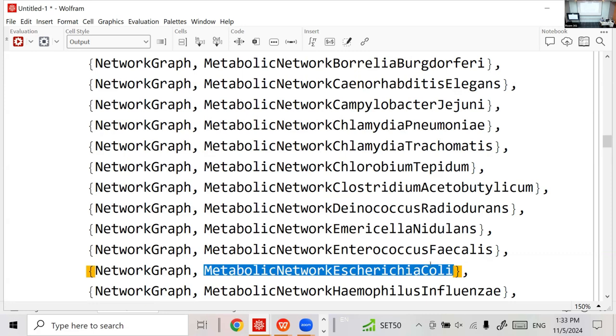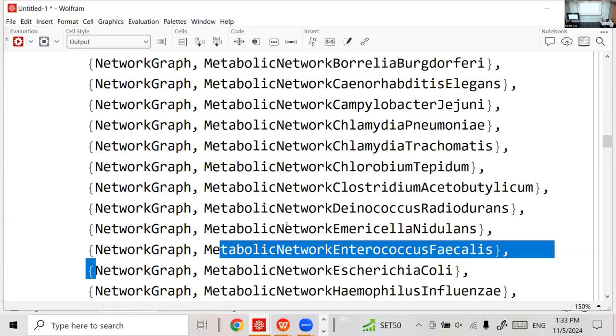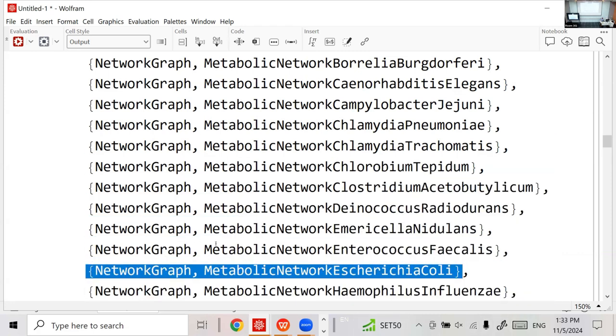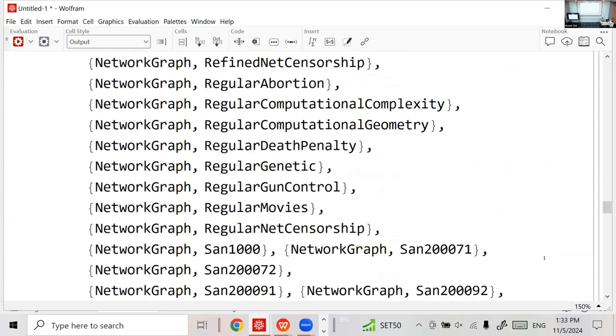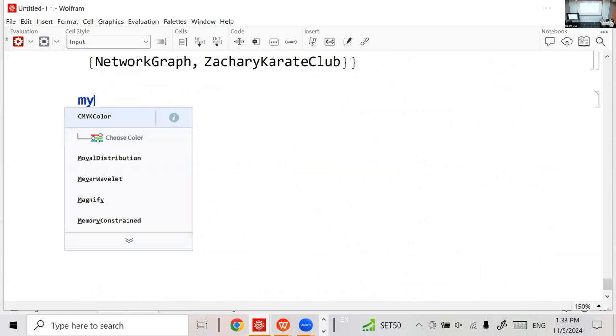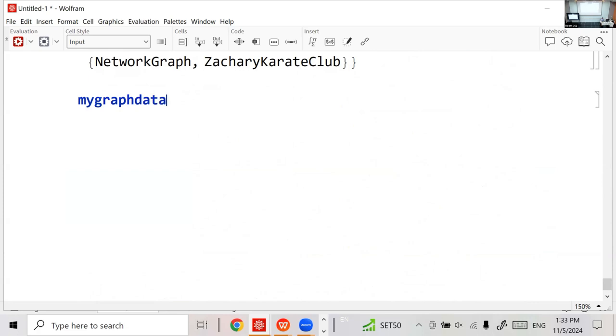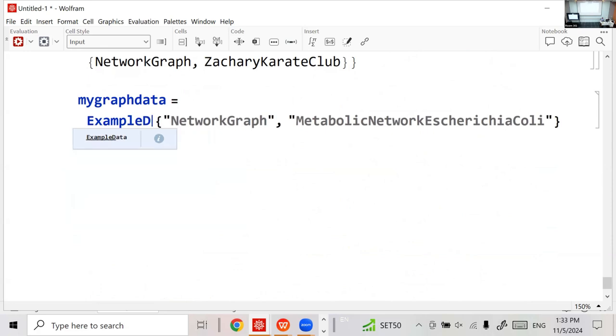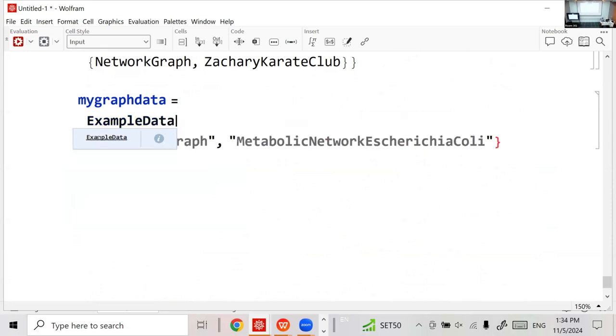I think this is E. coli, right? This is a thing that makes you go bad. Okay, so my graph data equal to, let's say, example data, and I don't know if I need the double bracket or not.